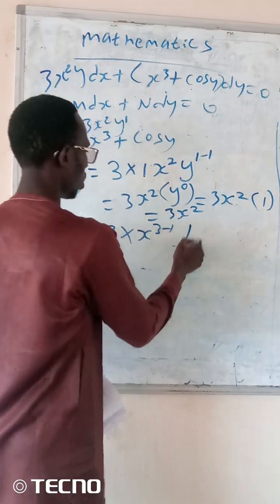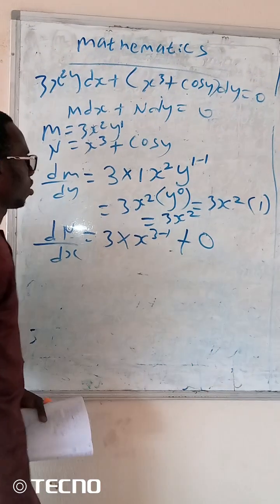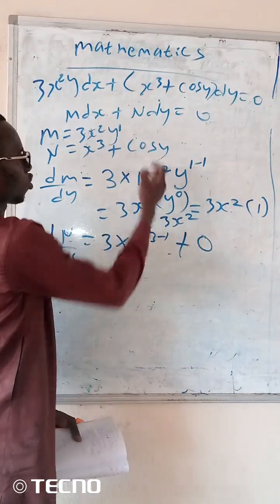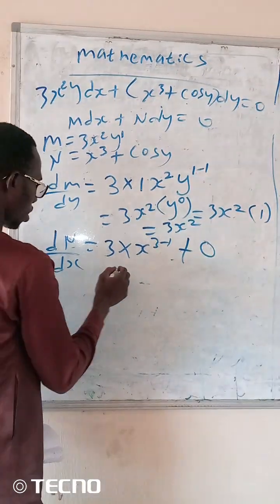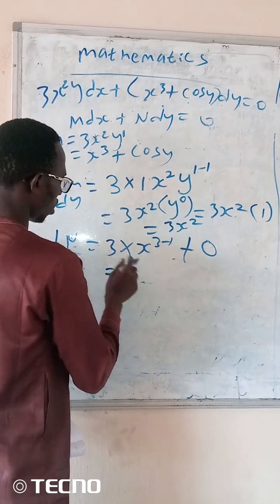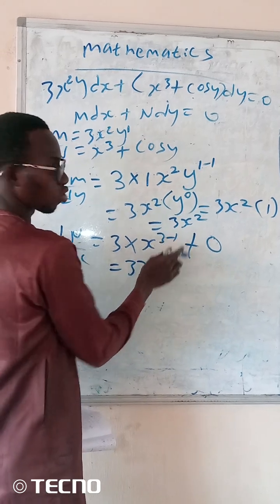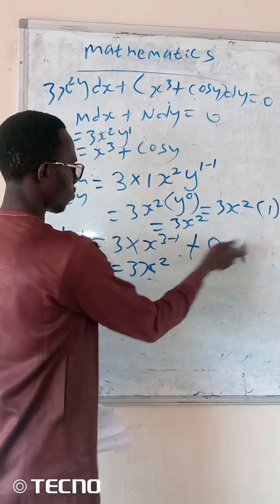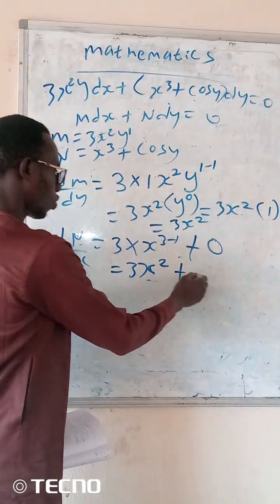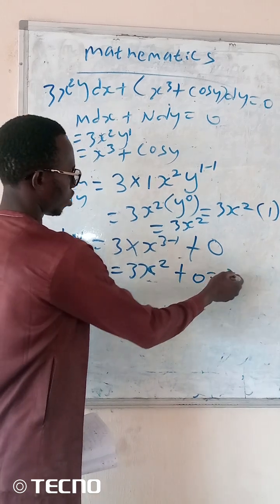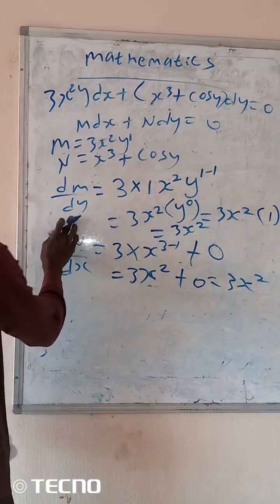Plus the differentiation of cos y with respect to x is 0, because this one does not have x, and we're differentiating with respect to x, so automatically it becomes 0. So we have 3 multiplied by x³, which is 3x, 3 minus 1 is 2, plus 0. No need of writing it, so we have 3x squared. Or if you write plus 0, 3x squared plus 0 is 3x squared.